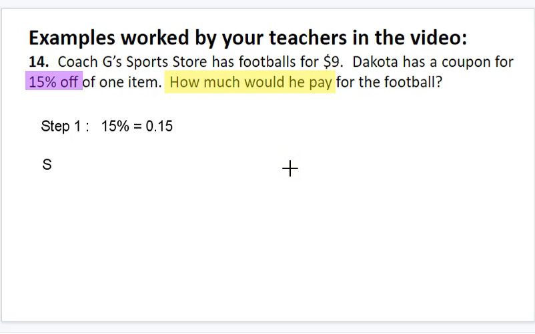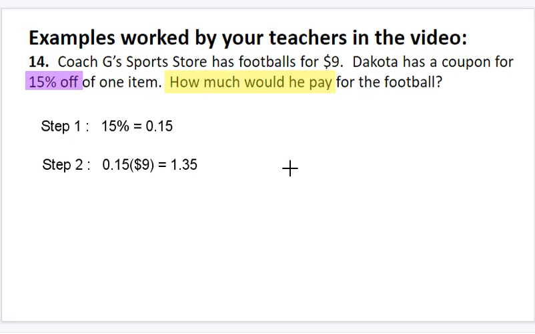Step 2 is to take that decimal that we just found and multiply it by the original amount. So originally it cost $9. So if we were to, in our calculator, take 0.15, multiply it by 9, we get 1.35.